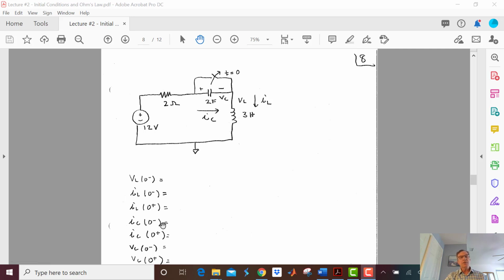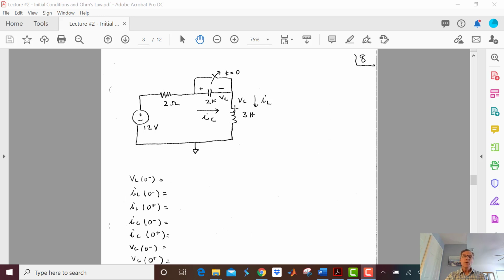IC at 0 minus is going to be obviously 0, because 0 minus is a steady state condition and we don't have any current in the capacitor during steady state. Now IC at 0 plus, we know that we can change that capacitor current quickly.